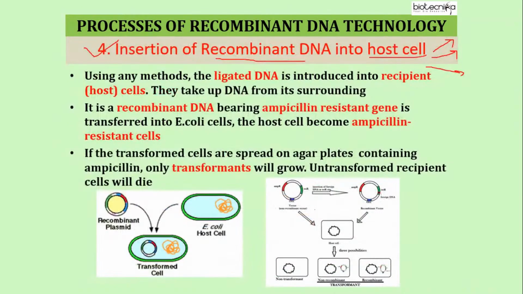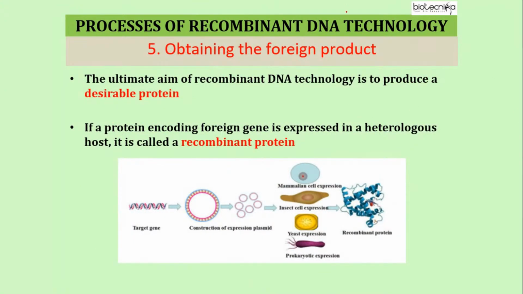Now, once we have got our recombinant DNA expressed in the host cell, which can be animal, plant, or E. coli, that means bacteria, it's time to get the foreign product. Suppose this gene is incorporated into the DNA of the host cell. Once this host cell replicates, it will make its own DNA, RNA and protein.